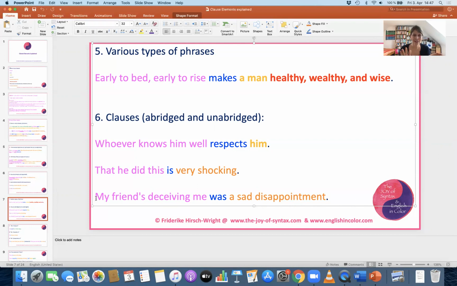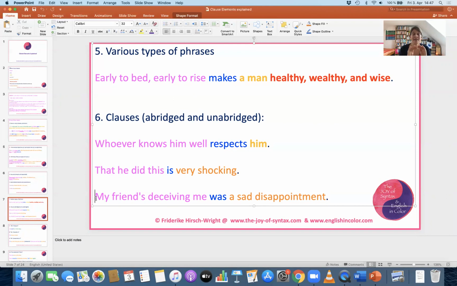So forget what I just said. My friend's is actually the possessive case, and so it's not "deceiving" that is a sad disappointment, but my friend's deceiving me. Excuse me, I just made a total mistake.